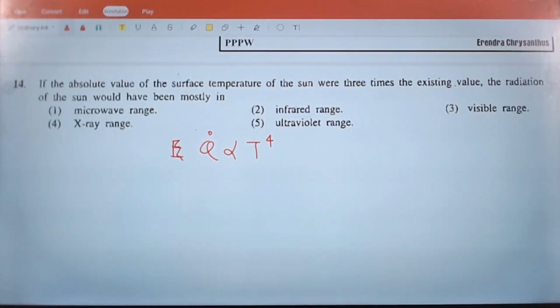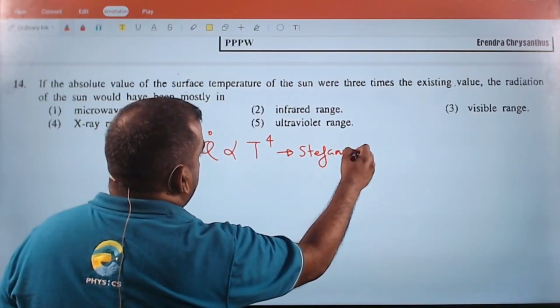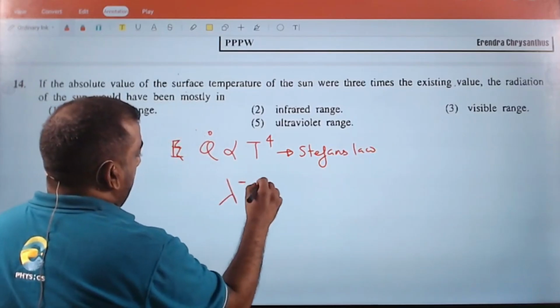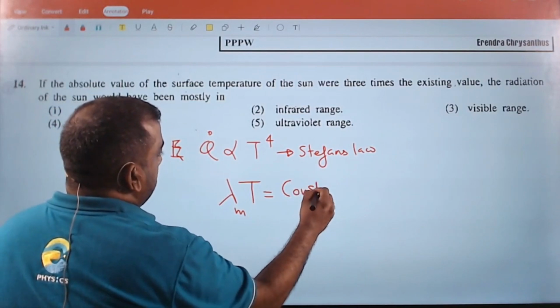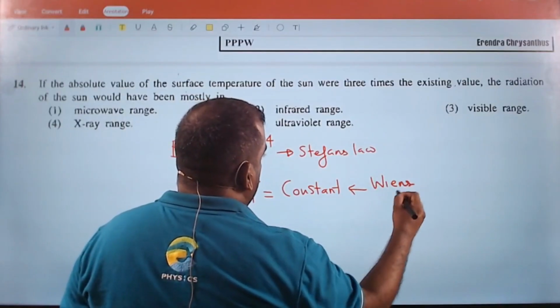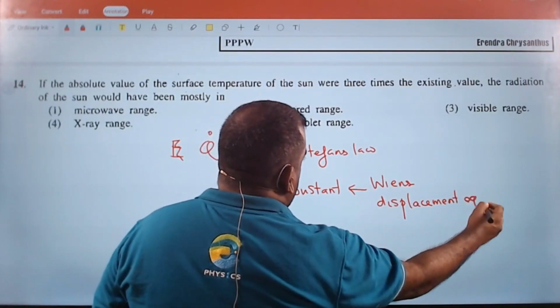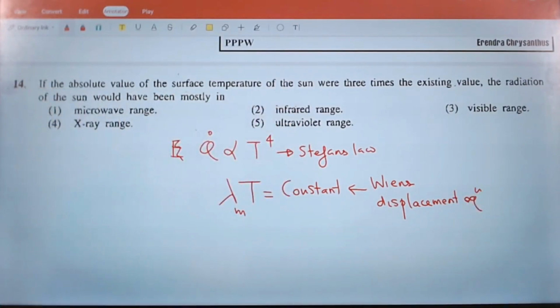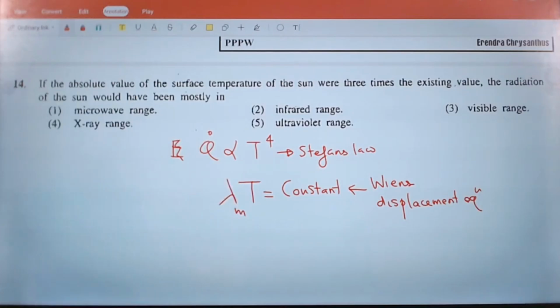So you have Stefan's law here. And lambda max times temperature is constant, Wien's displacement equation. Now look at this. If the temperature is tripled, then there should be a comparison.